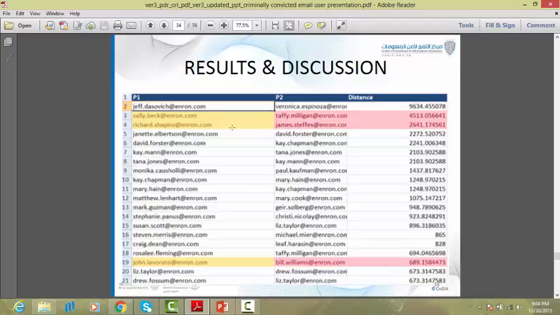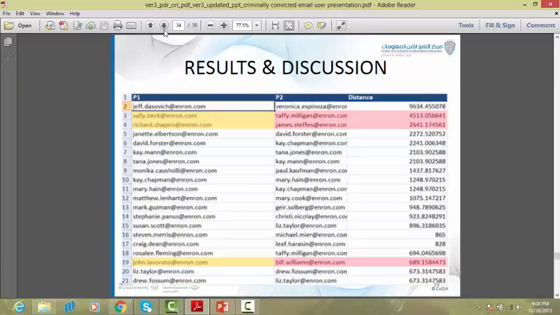So in our database you can see that out of 20, with 6 criminals, we got these 3 criminals in our list. So our success ratio is 50%, that you can see over here. Of course the distance for the first one is 9634.455078.